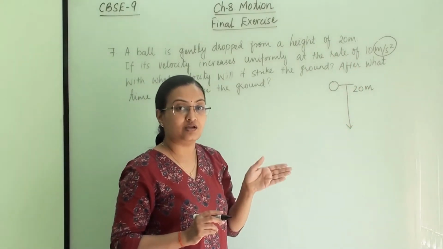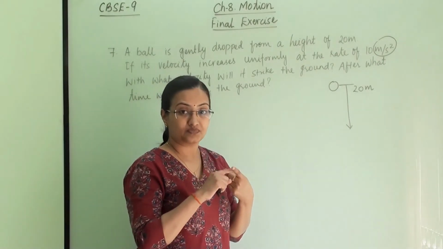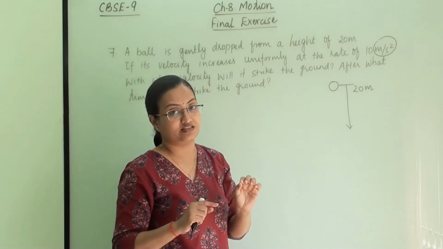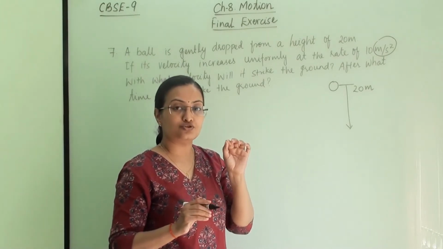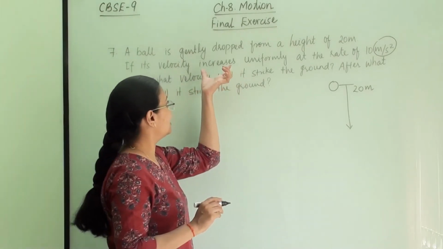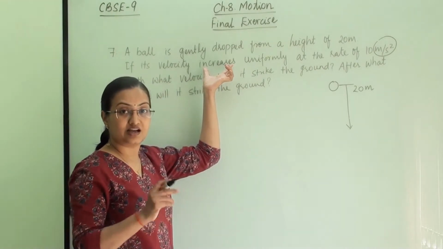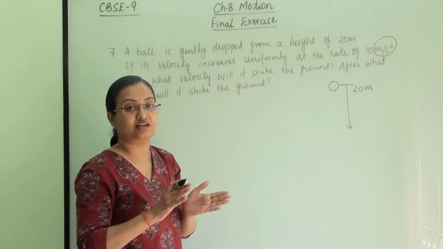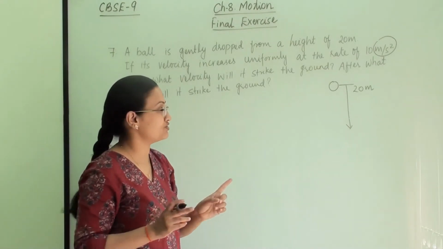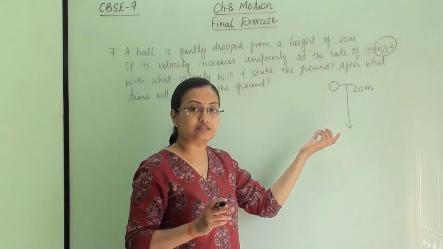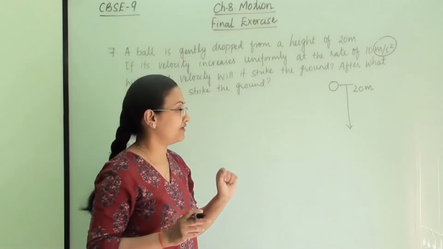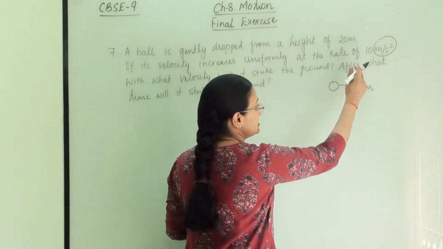It is very important to find out whether this is initial velocity, final velocity or acceleration. So first thing is the unit, or you can check whether they have said increasing, decreasing at a uniform rate or something like that, then it is acceleration. And simply velocity, then it is either initial velocity or final velocity. So here this is acceleration.